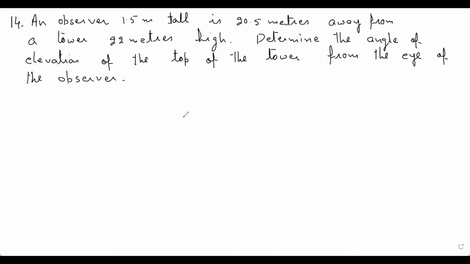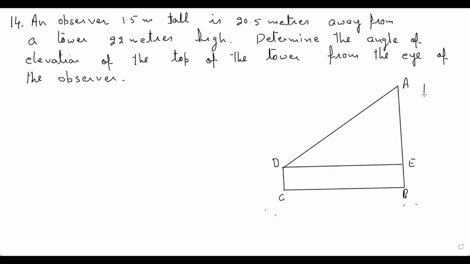Now the 14th question is: an observer 1.5 meters tall is 20.5 meters away from a tower 22 meters high. Determine the angle of elevation of the top of the tower from the eye of the observer. Now the figure is: let DC be the observer, and the height of the observer is 1.5 meters, and he is 20.5 meters away from a tower.